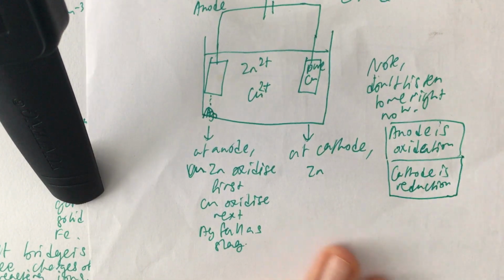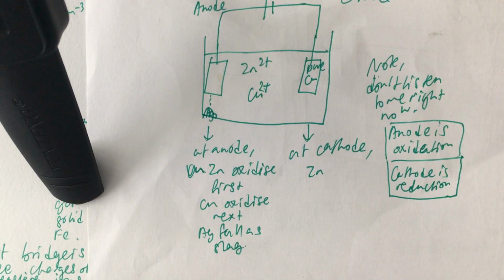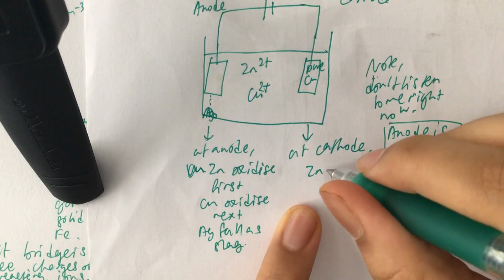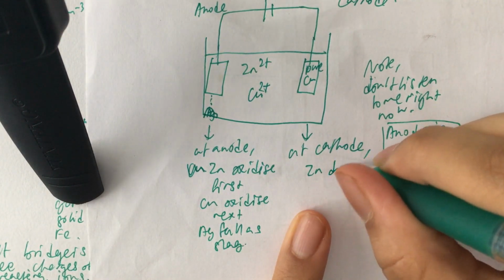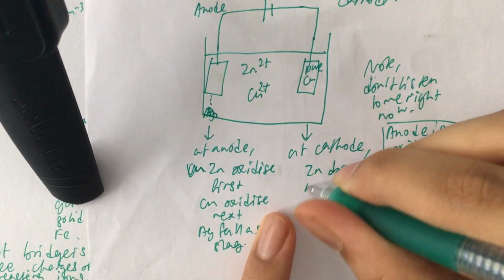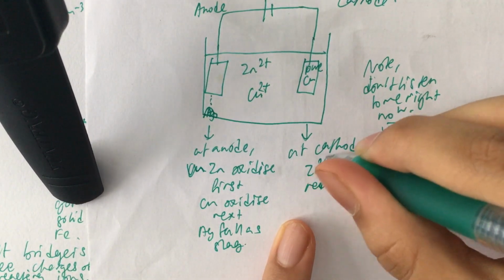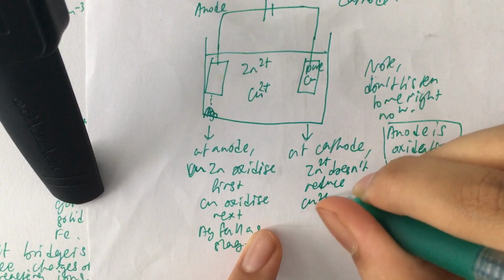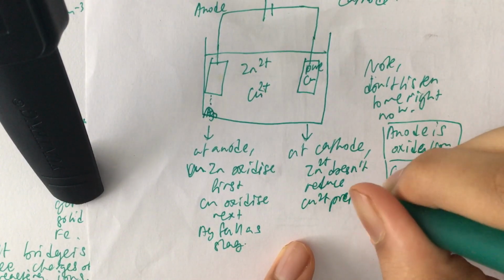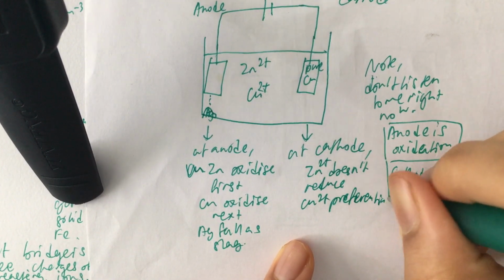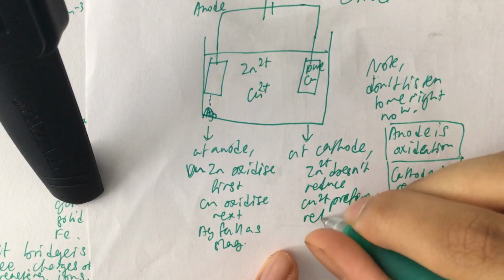So yeah, since the cathode is now having the oxidation, at the cathode is where the impure copper will be, so that's the cathode, and the anode will be where the pure copper will be, because you want all of the copper ions reduced back into copper.